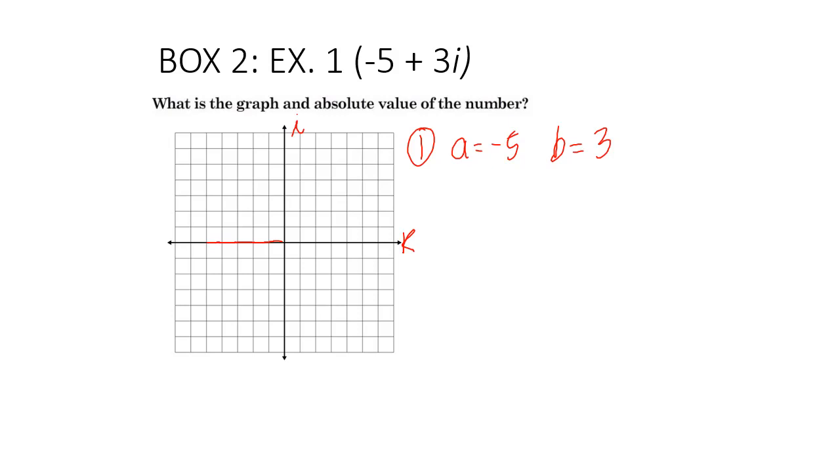I have a +3. Is that up or down? Up. In case y'all are wondering. Yay! Thank you. And here is -5 plus 3. There's the point. We did it. So step 2 was the plot.